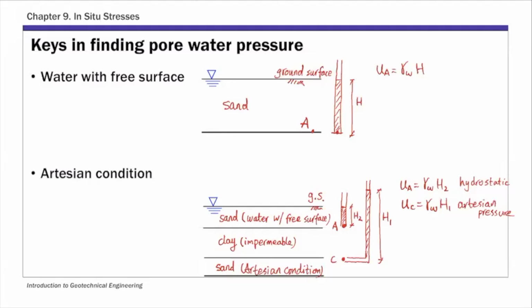And if you want to calculate the pore pressure, let me add another point, point B, at the middle of the clay layer. To estimate the pore pressure at point B, you can use simple interpolation. If you know A and C, you can just use linear interpolation.